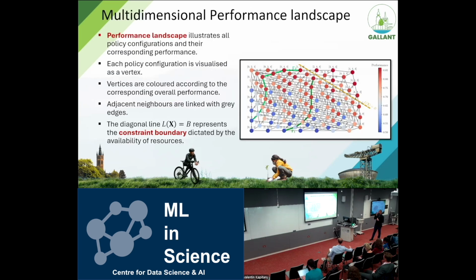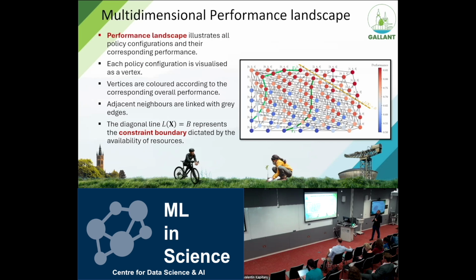So here we can visualize the multidimensional performance landscape, which illustrates a set of interconnected policy configurations and their corresponding performance levels.